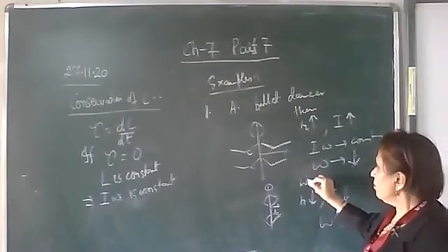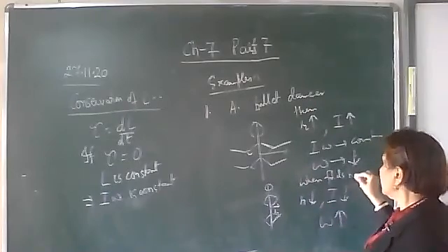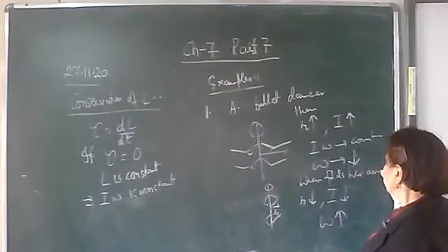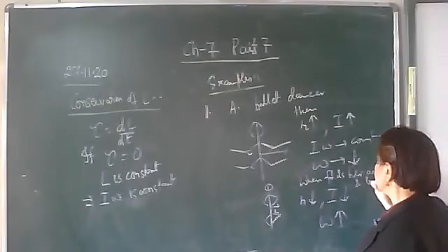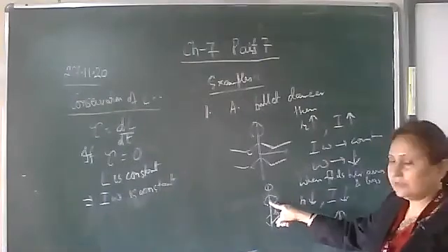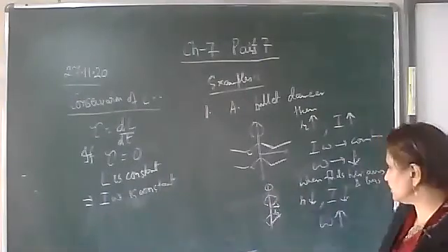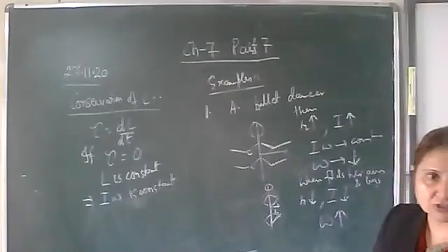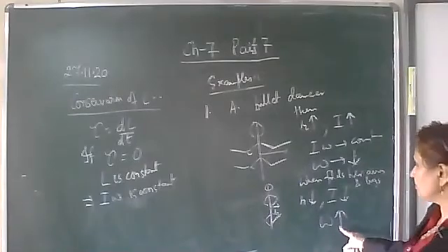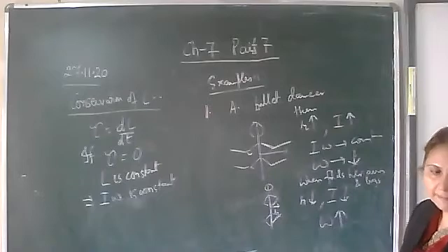When she folds her arms and legs, R decreases about the axis of rotation, so I decreases because I equals summation of m r square. I omega is constant, so angular velocity increases.